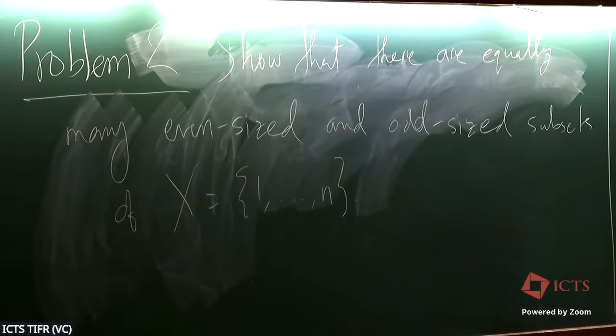You take the collection of all subsets of even size, and the collection of all subsets of odd size. These two collections have the same size.